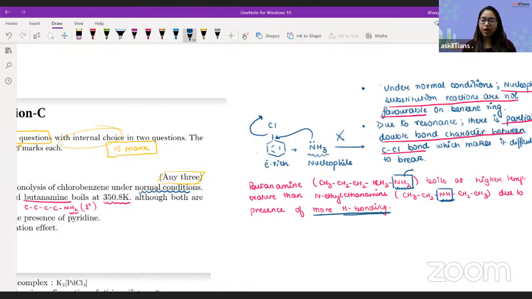and say that there are 2 hydrogens for hydrogen bonding. Here there is 1 hydrogen available for hydrogen bonding. Or while you're writing this, you can make sure that the structures you are writing, at the bottom you can write that there are 2 hydrogens available for hydrogen bond.